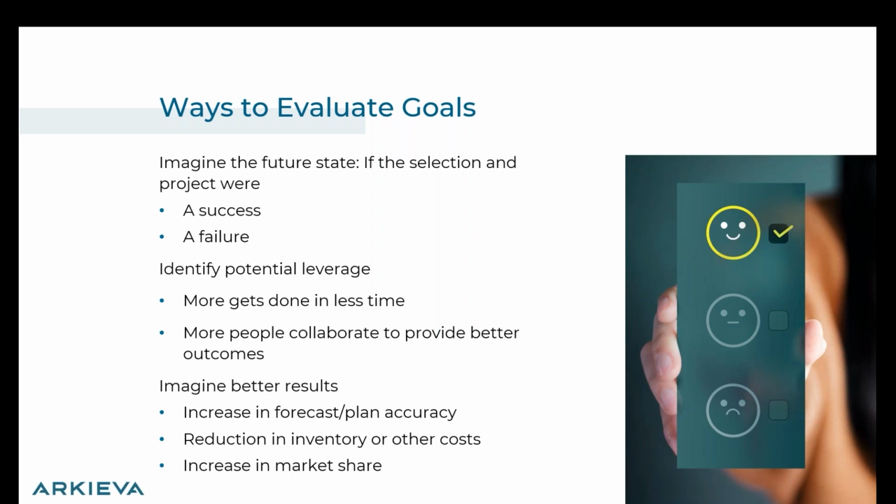Imagine the future state. So maybe standing here, you ask the question, hey, let me put myself hypothetically 5 years out into the future and look back from that hypothetical place and ask the question, if I go through the selection and the eventual project, and it was just a great success, then what would be the things that led to that success?